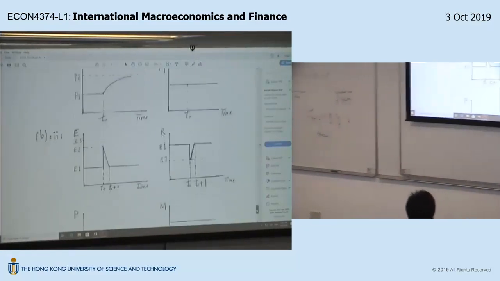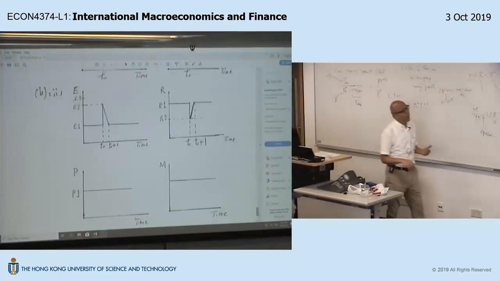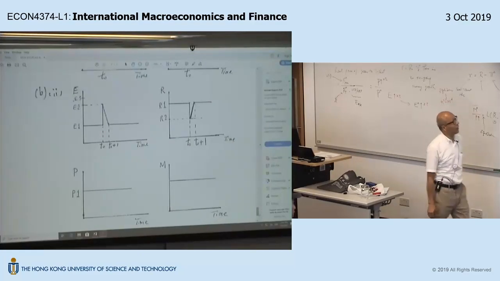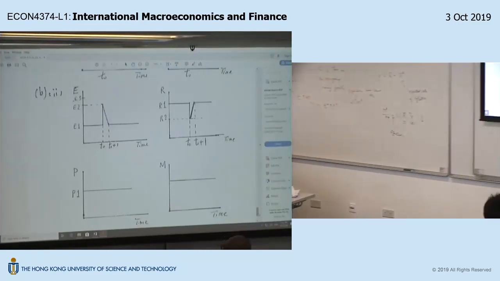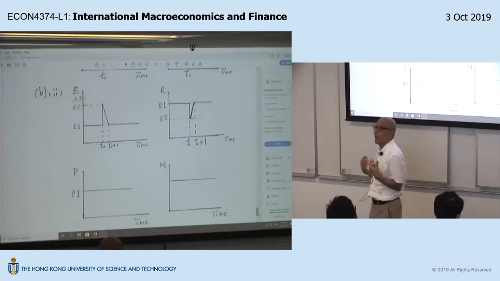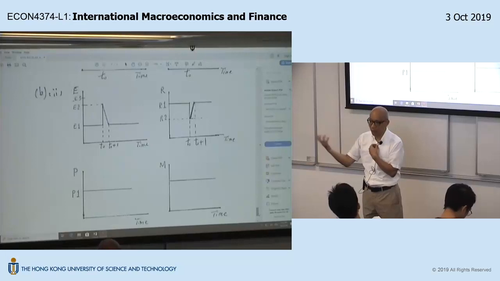It doesn't affect the expected exchange rate, so the E is not affected. The exchange rate just goes back in the next period. Temporary is very easy because we assume that the change will be reverted in the next period.